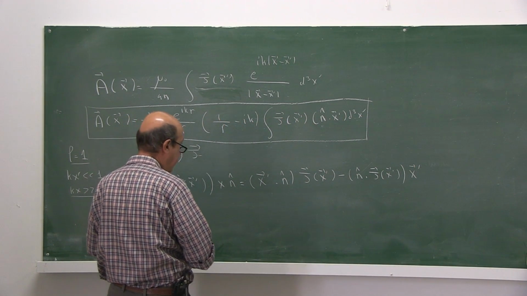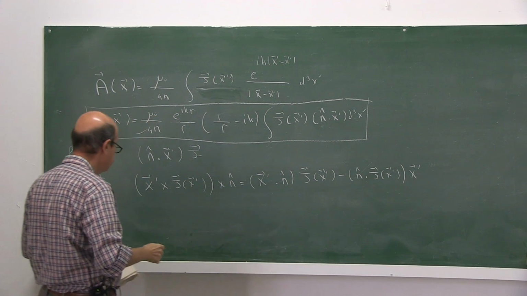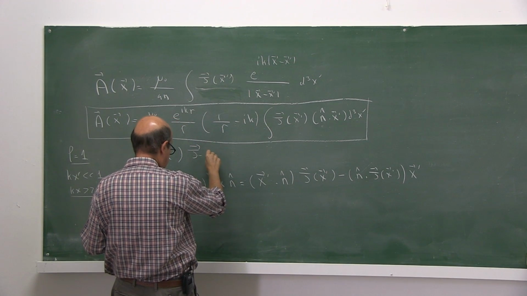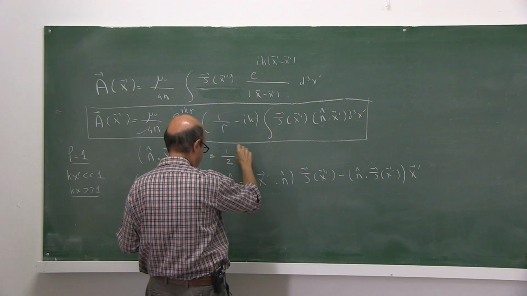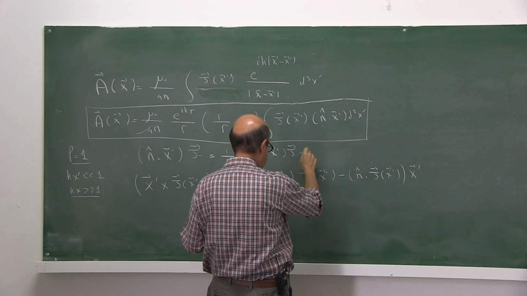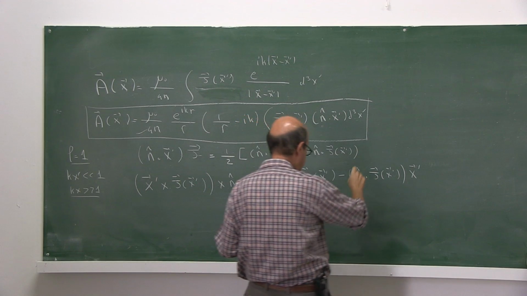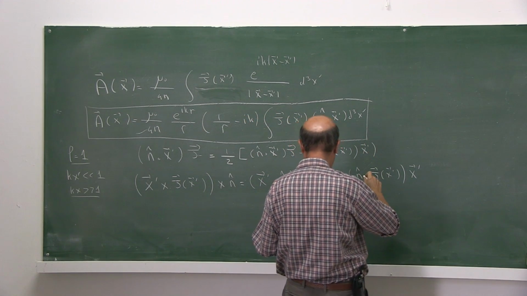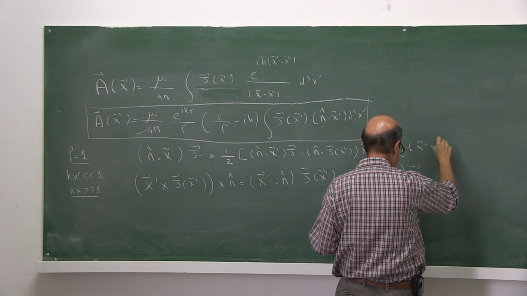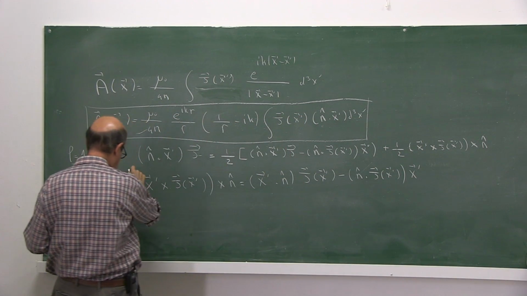So if you pick up the term n dot x prime times current density, which is our integrand, you can write this in terms of the other terms in the following form: 1/2 n dot x prime along current density minus n dot j of x prime along x prime, plus 1 over 2 x prime cross current density cross n hat. So indeed, using this identity, the above is the same.